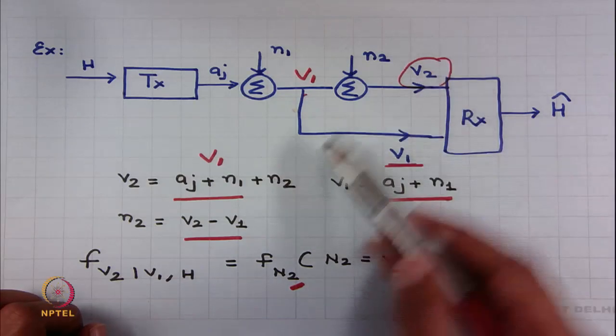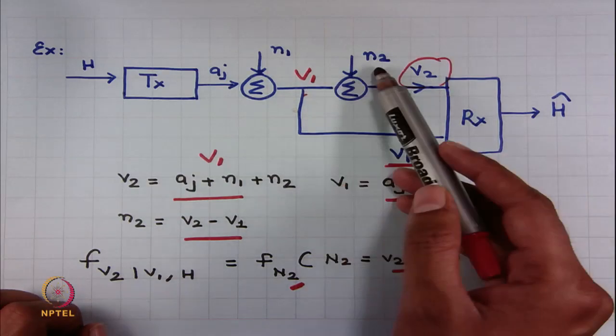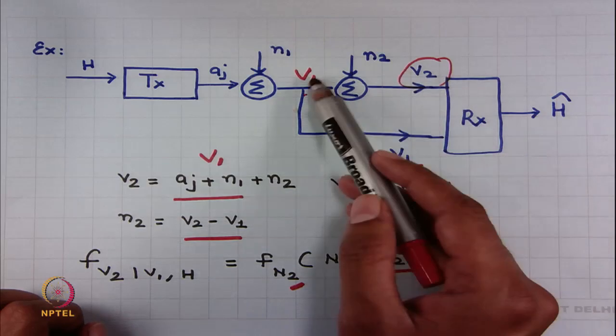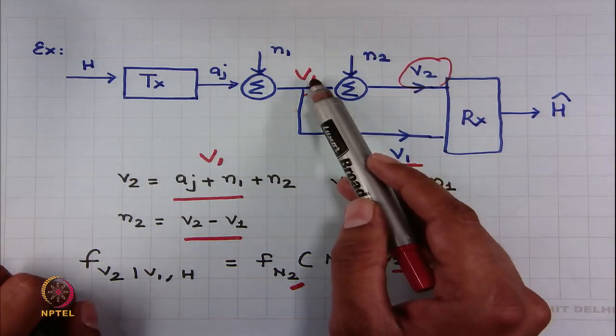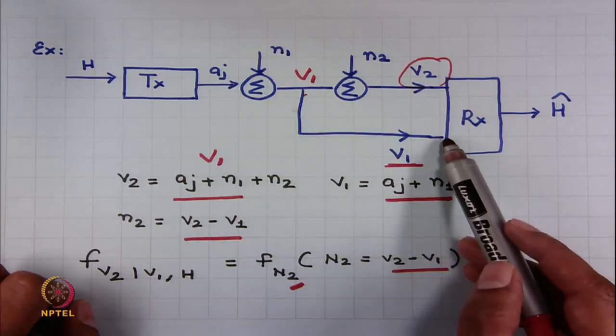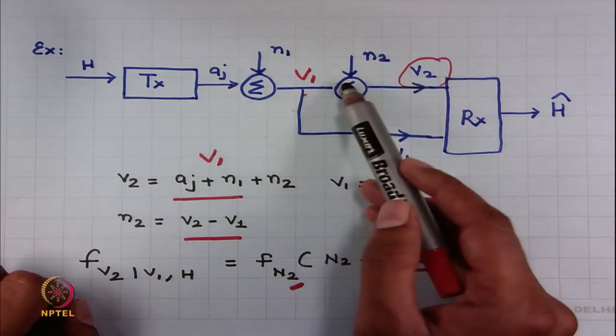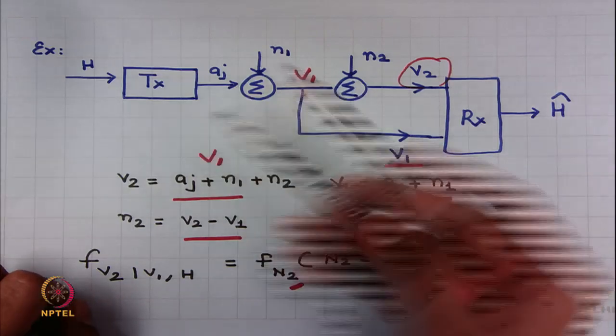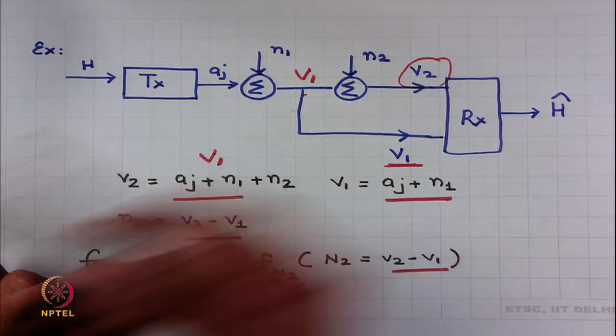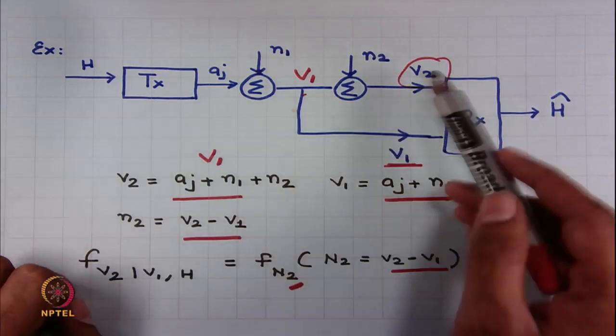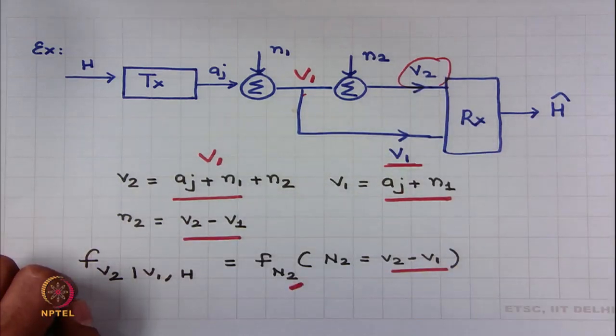So, V2 in this case is simply V1 plus N2. That means V2 is a noisy version of V1. If V1 is already present and V2 is just noise plus V1, then you are not helping in learning about V1 at all, and hence this is an irrelevant statistic.